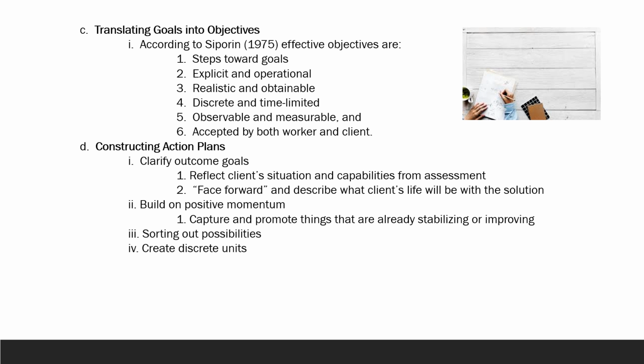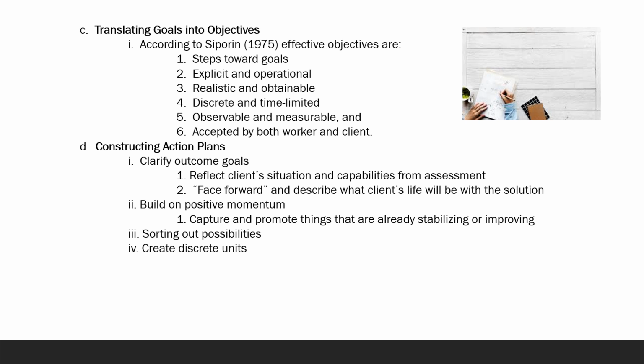The other thing is that sometimes helping clients get past one small hurdle gives them momentum to pursue others. And the small hurdle should be a discrete unit, something that can be manageable and can be achieved fairly quickly.